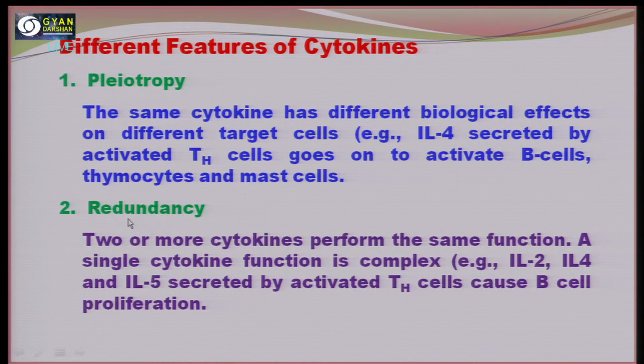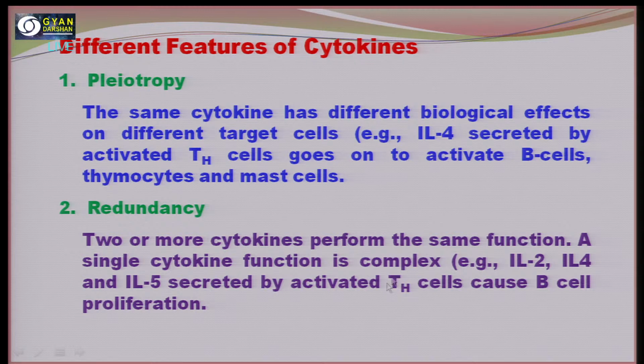Another feature of the cytokines is redundancy. Two or more cytokines perform the same function. For example, interleukin 2, interleukin 4 and interleukin 5 secreted by activated T helper cells cause B cell proliferation.